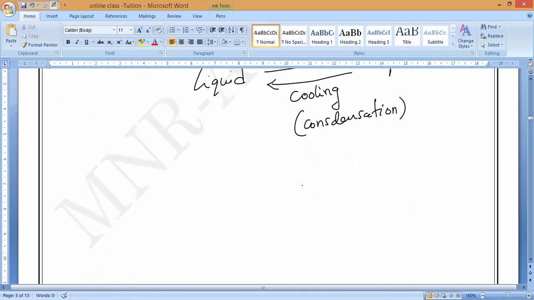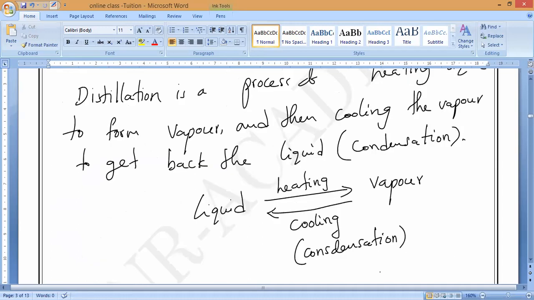Sir, one second. Scroll up, sir. So this condensed liquid, what should we call it, Laksha? What should we call this condensed liquid? Distillate. Understand? Yes or no? Please tell me.